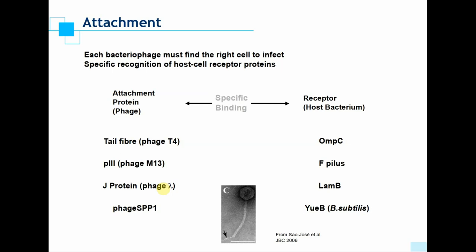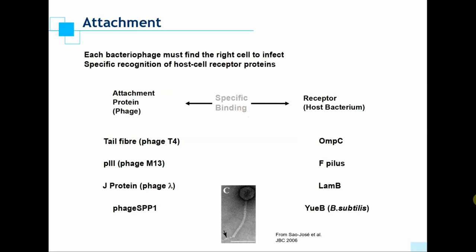So if you're a bacteriophage that likes to infect particular species of bacterium, there's no point binding to the surface of some seaweed, okay, because you can't infect that type of organism. You've got to bind to the right cell. And this specific binding is mediated by the interaction between an attachment protein on the phage surface and a receptor on the host bacterium.